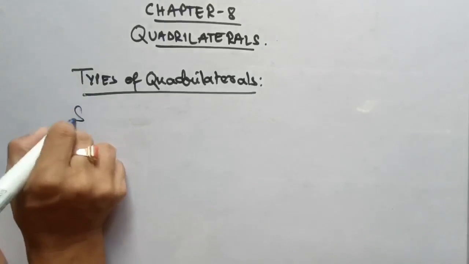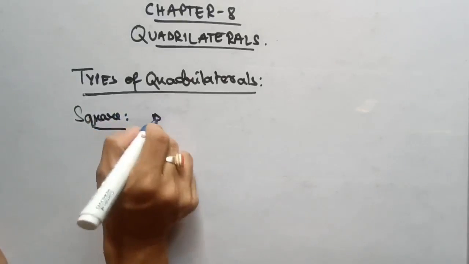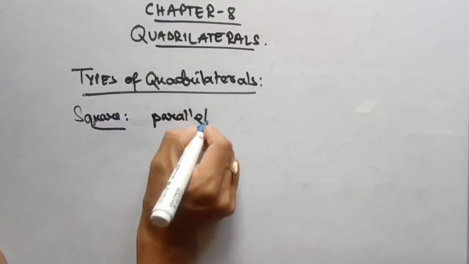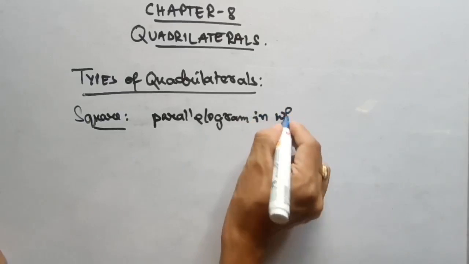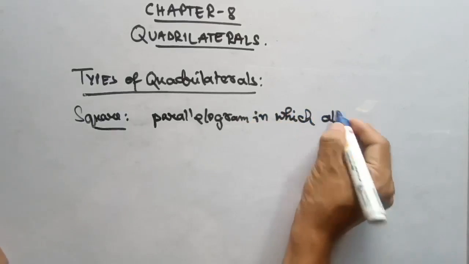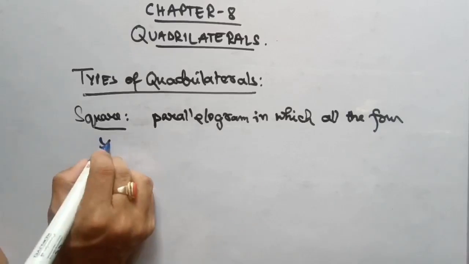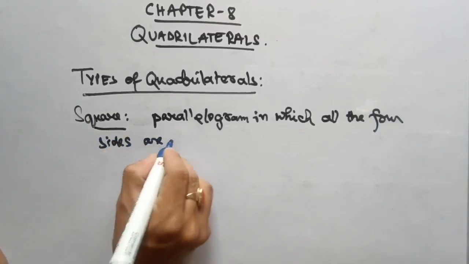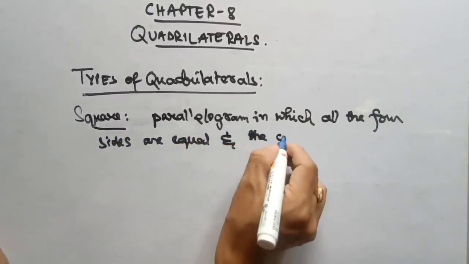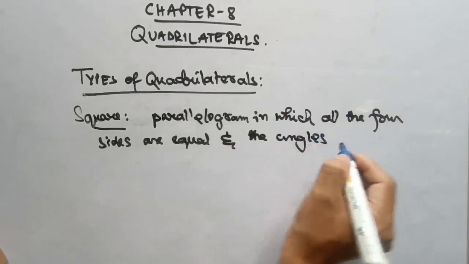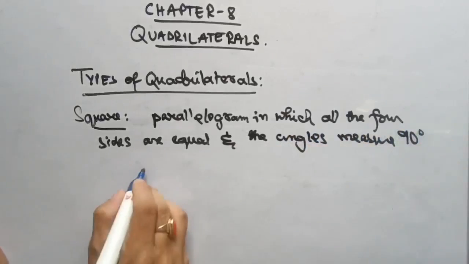Next, the type of quadrilateral is square. A square is a parallelogram in which all the four sides are equal and the angles measure 90 degree.